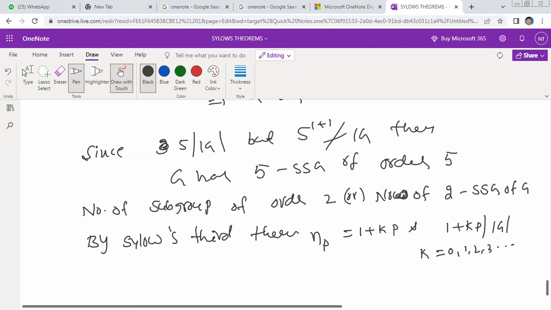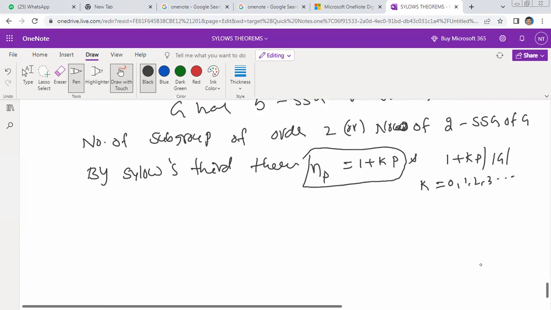This is denoted as NP. NP means the number of Sylow P-subgroups. We are talking about P equal to 2, so 2-Sylow subgroups, so P is equal to 2. N2 is equal to 1 plus 2K.